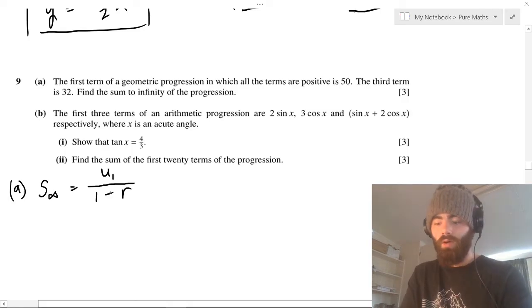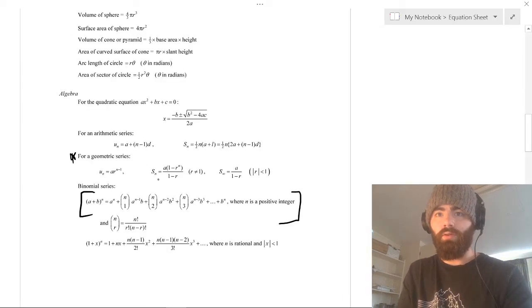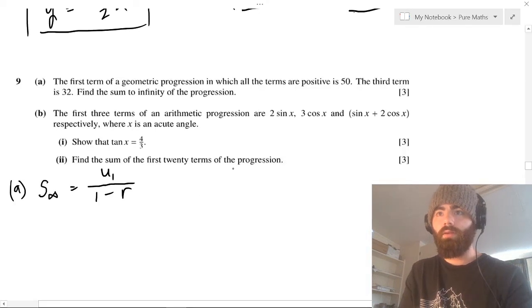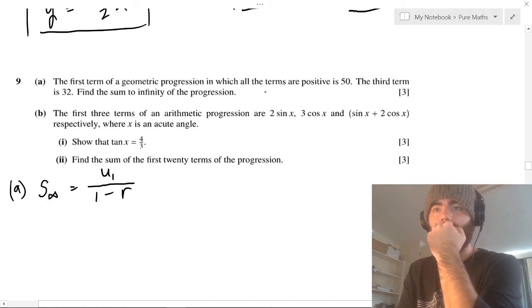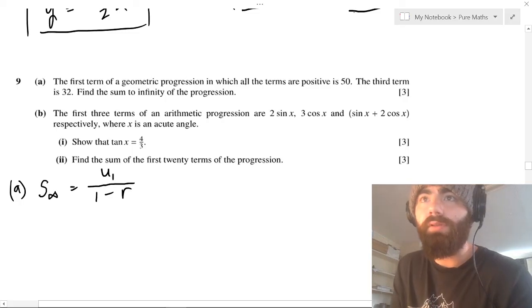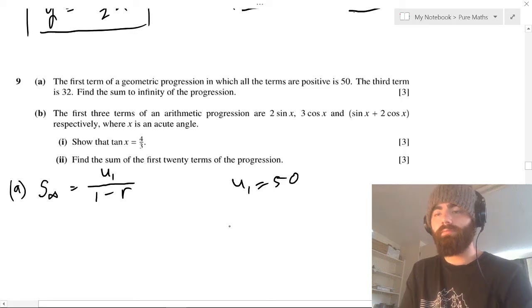So we need to find u1, our first term, and r. Oh, we're given the first term, sorry. The first term of the progression in which all the terms are positive is 50. Okay, so u1 equals 50.